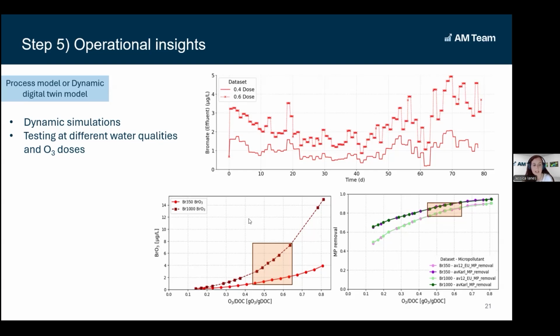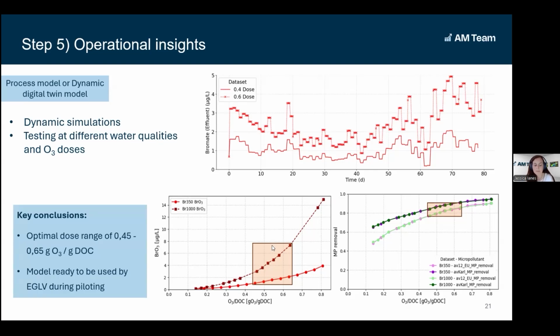And at the same time, you can see in the graph at the bottom, we tested different ozone doses with different bromide in the inlet. And here we could assess a good range for EGLV to operate the plant, between 0.45 and 0.65 grams of ozone per gram of DOC, which allows at the same time to stay below 10 microgram per liter of bromate, but also to reach the target of 80% removal of micropollutants.